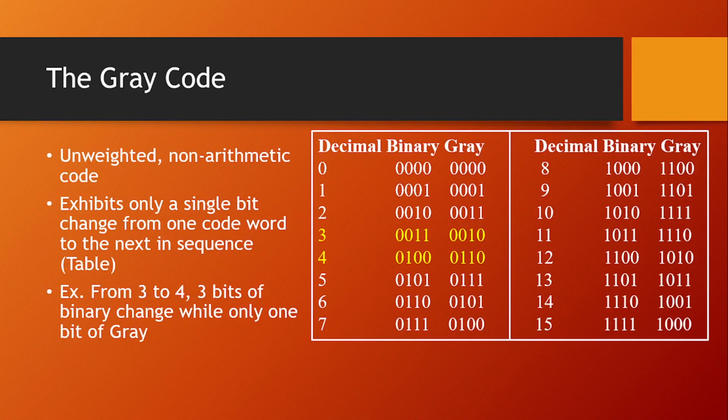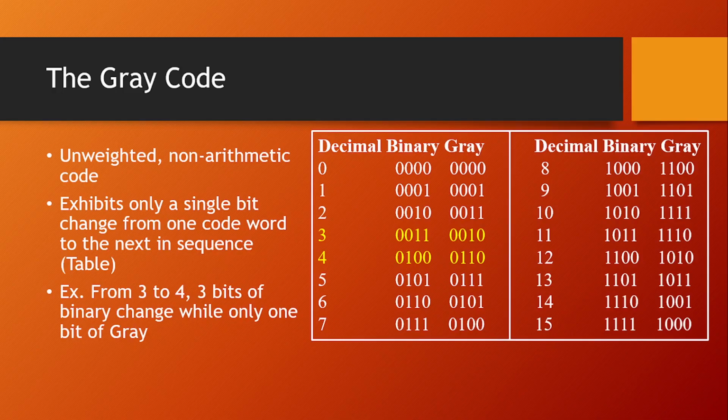However, in case of 4-bit gray number, you will find that there is a change of only a single bit from one gray code to its preceding gray code. Everywhere you will find that.